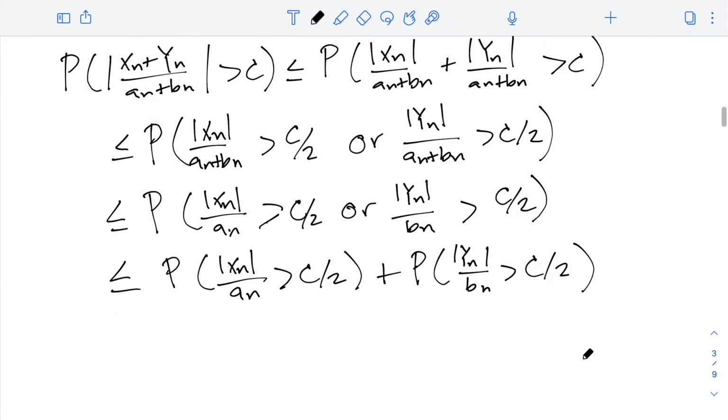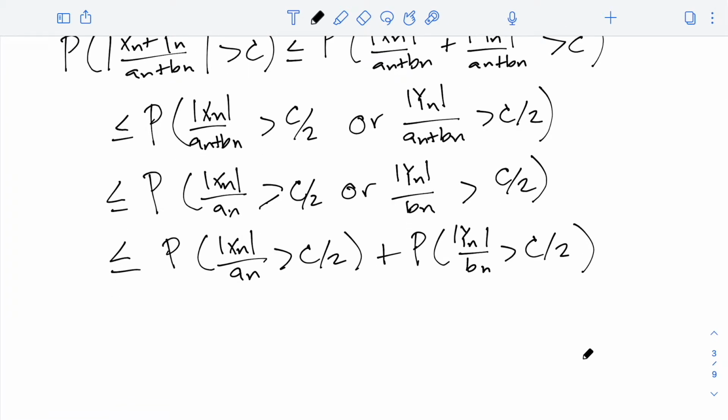We're going to scroll down a little bit. In fact, we know that for each of these statements, because Xn equals big O_P of an and Yn equals big O_P of bn, the limit as c goes to infinity of the supremum over n of each of these two will converge to 0.